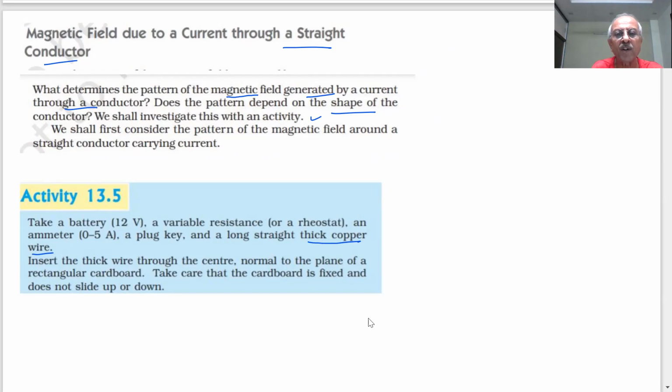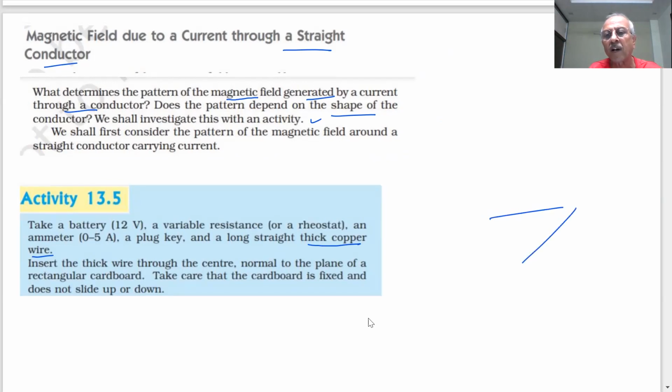Insert the thick wire normal to the plane of a rectangular cardboard. You see, this is a rectangular cardboard, and this is our conductor, the copper wire. You have to pass current through this. How will you pass current? Supposing this is positive, negative.